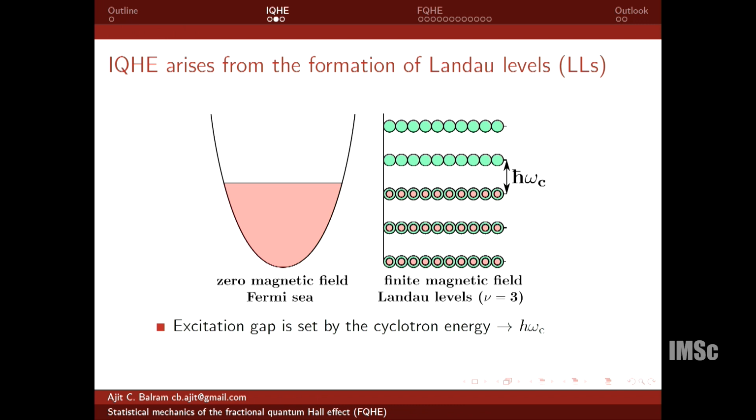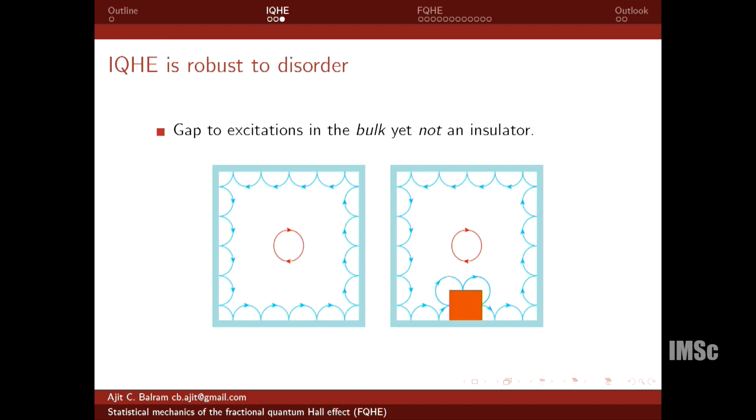So one nice thing about why this shows quantized transport can be understood using semi-classical physics. As you all know, in the presence of a magnetic field, you have this thing called the Lorentz force, where if you have a charged particle and you put it in a perpendicular magnetic field, it goes in closed loops. So in the bulk of the system, these loops are closed, so they don't carry any transport. But if you look at the edge of the system, then you have these skipping orbits.